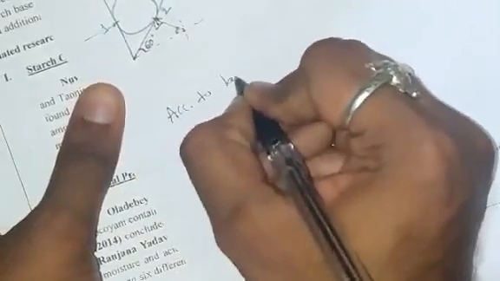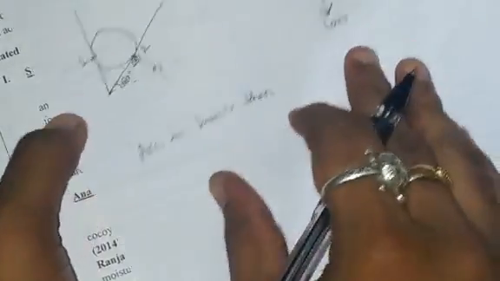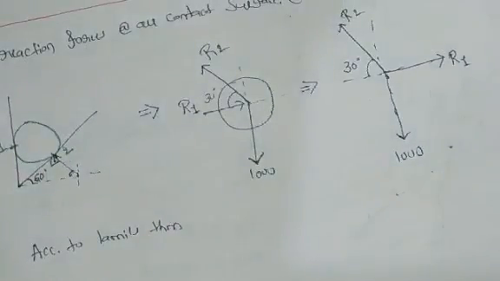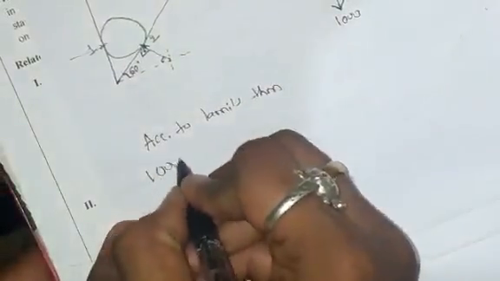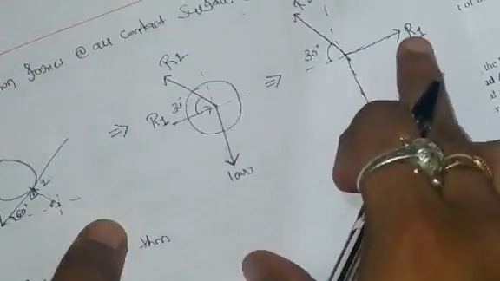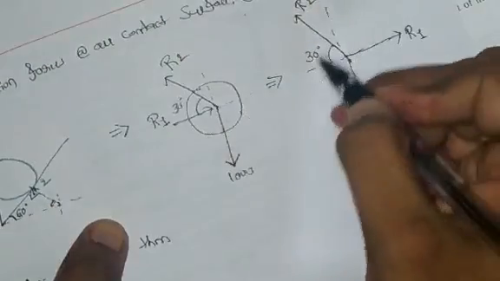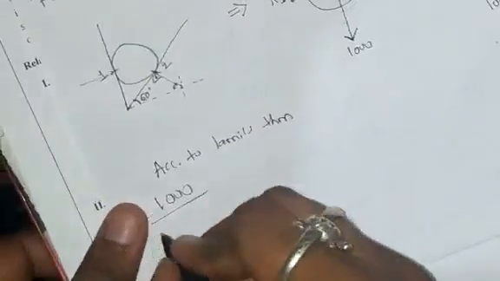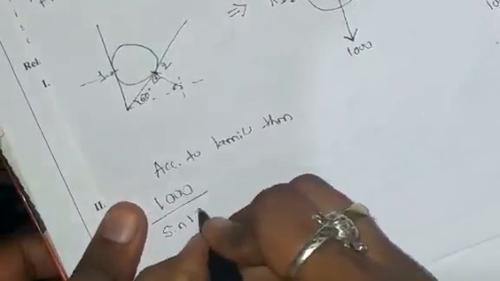According to Lami's theorem, each force is proportional to the sine of the angle between the other two forces. First consider 1000. So 1000 divided by sine of the angle between R1 and R2, which is 180 minus 30, that is 150, so sine 150.